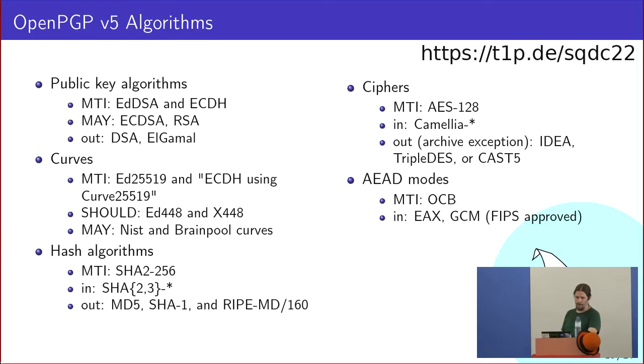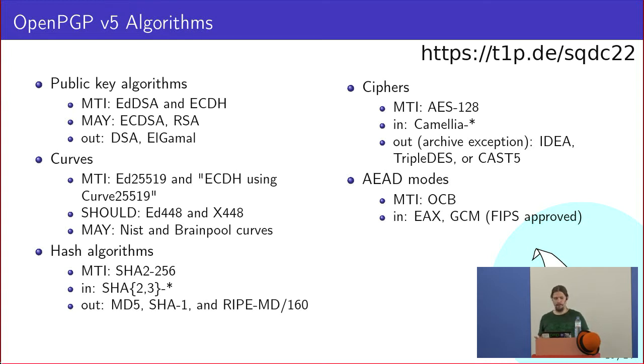So let's quickly look at algorithms. If you look at public key algorithms, the only mandatory algorithms are EdDSA and ECDH. You may do ECDSA and RSA, but DSA and ElGamal are out.